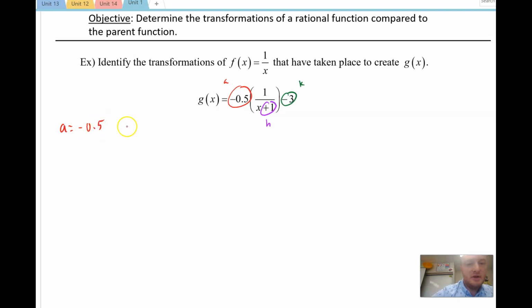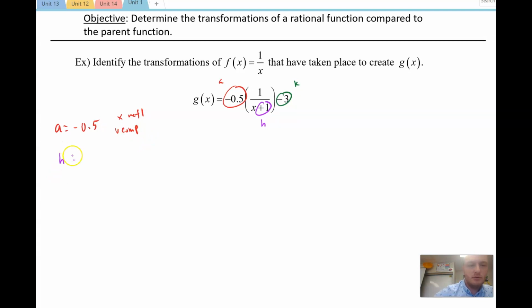It's negative, so we are going to have an x-axis reflection, and this is vertical compression. Then we have an h value that's negative 1, so we're going to the left.